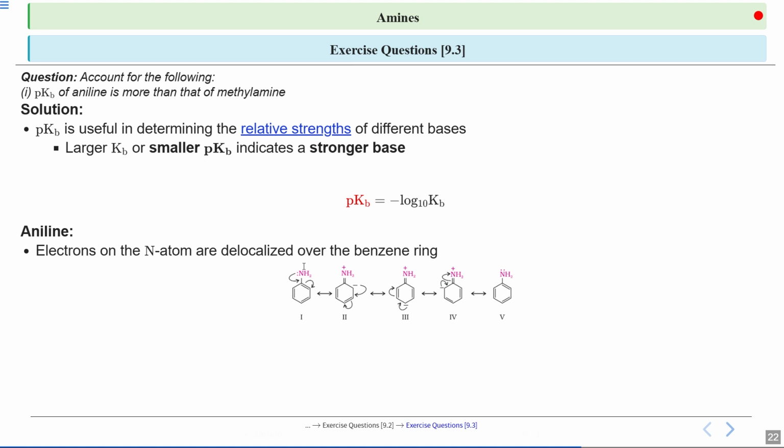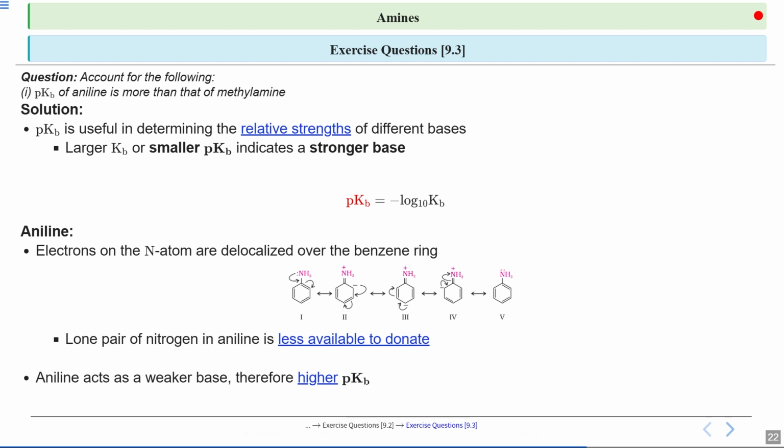So the lone pair of nitrogen in aniline is less available to donate.